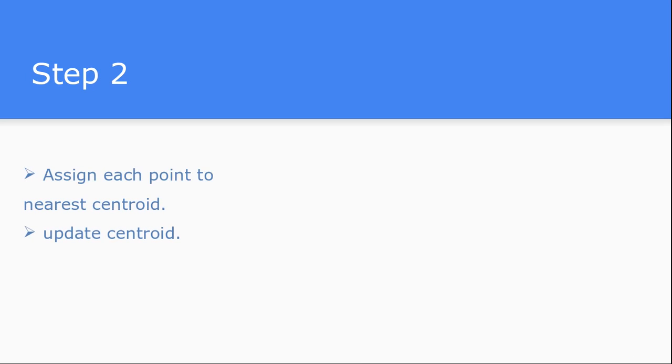So now we have already got the 2 points, which are nothing but the centroids, the representatives of the individual clusters. Now what step 2 is telling us is: assign each individual point to the nearest centroid. So we'll keep calculating the distance of each point with respect to the arbitrary centroids we have selected, and then we will assign each point to a particular centroid.